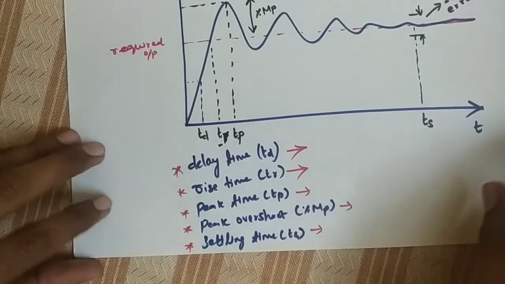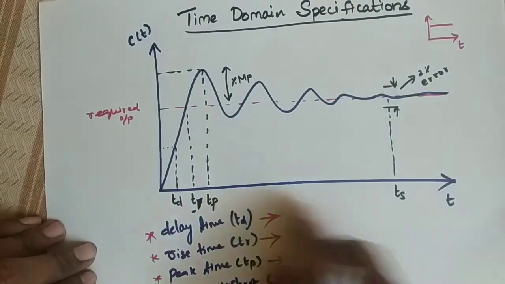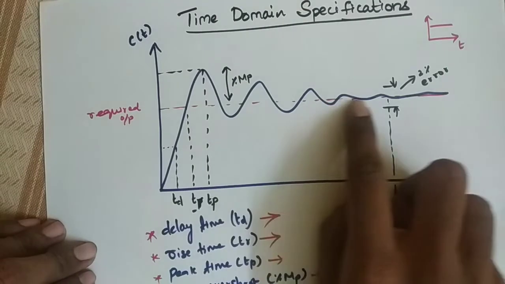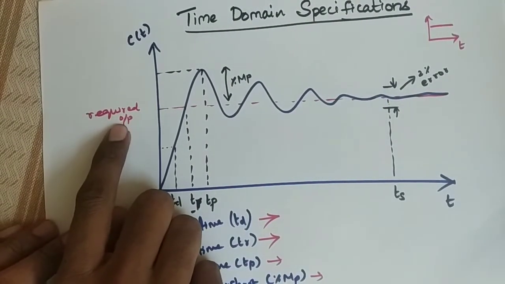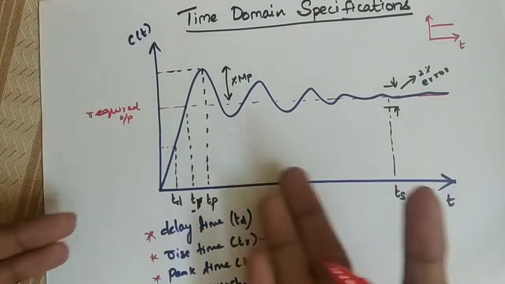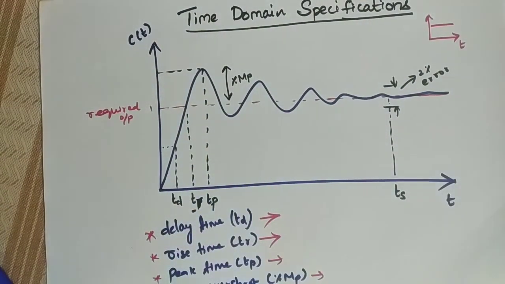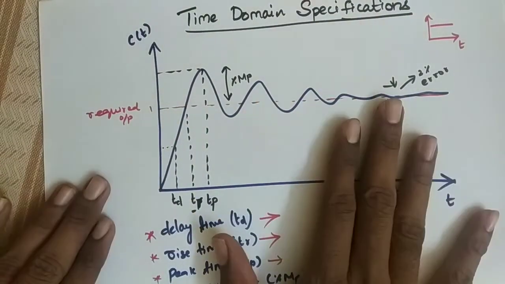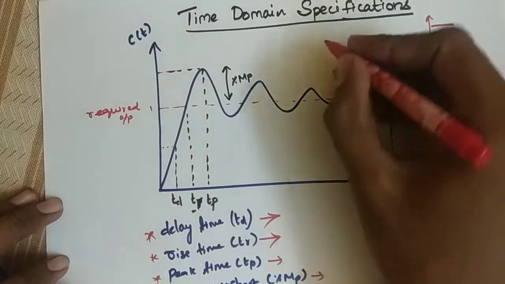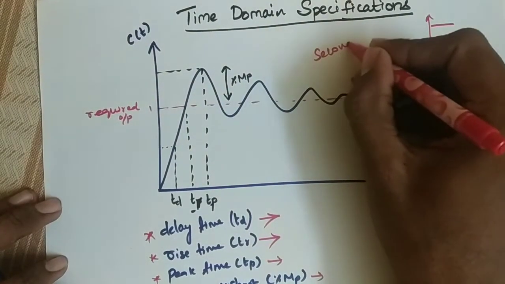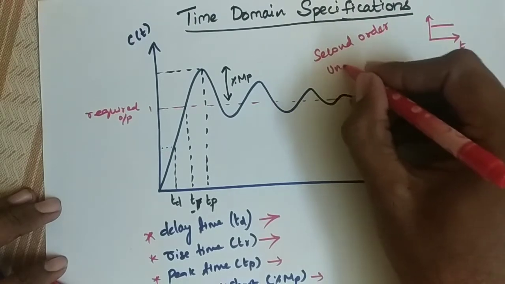You can see the response of the second order underdamped system here. This red line is the required output. Obviously it is the unit step response, so it is 1 over here. One thing you have to be very clear: we are assuming all the systems are second order and all the systems are under damping condition.